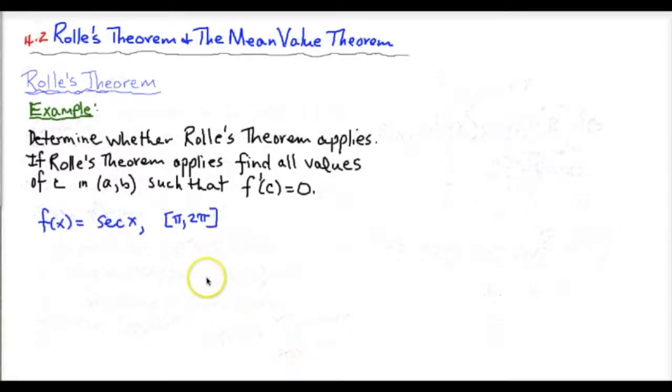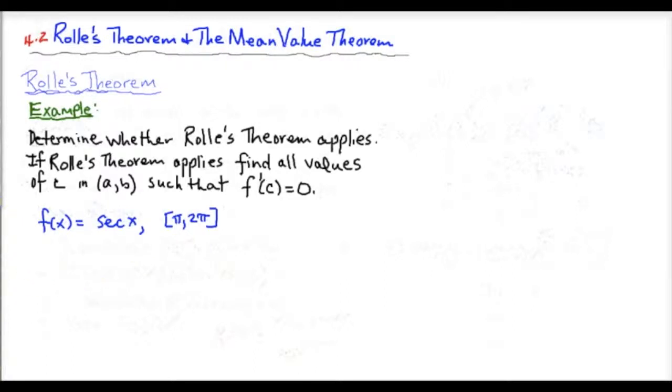All right, here's another example for Rolle's theorem. Again, we're going to determine whether Rolle's theorem applies, and if it applies, then we're going to find all the values of C such that f prime of C is equal to 0. This time we have a trigonometric function, f of x equals the secant of x, and we're looking at this function over the interval from pi to 2 pi.